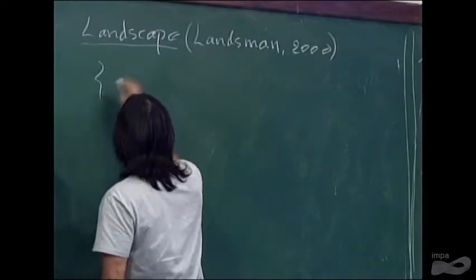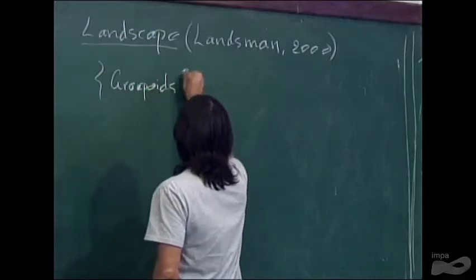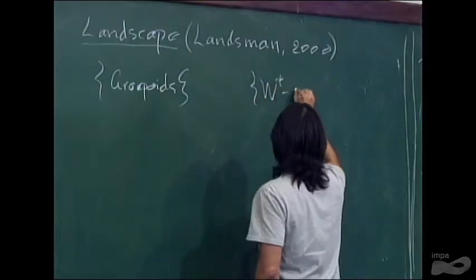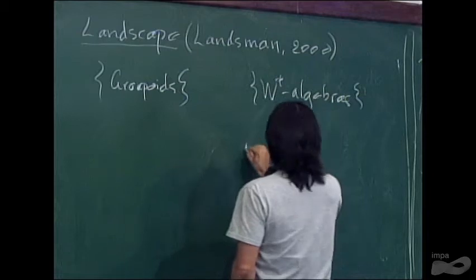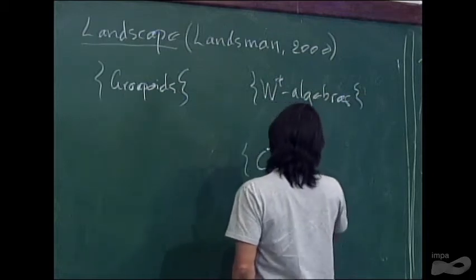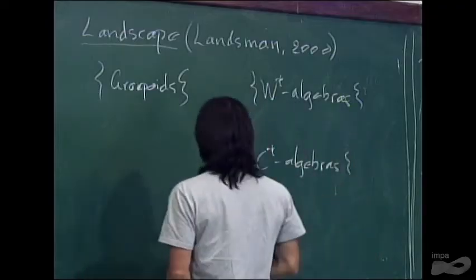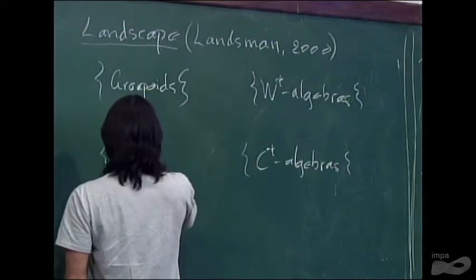And that, for example, can be done in groupoids. It can be done in von Neumann algebras. It can be done in C-star algebras. And as we saw here, it can be done in Poisson manifolds.